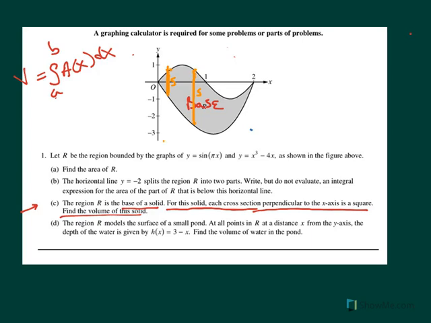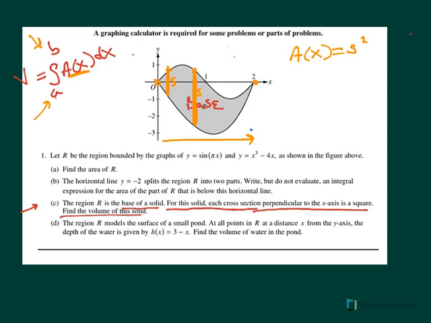You're going to sum up all those cross-sectional areas from left to right, from A to B. So from here to here, those are going to be your A to B values. So how do we find our formula for the cross-sectional area? We know that the side length of the square is going to be basically the distance between the top curve minus the bottom curve. So we know our area model for a square is side squared.